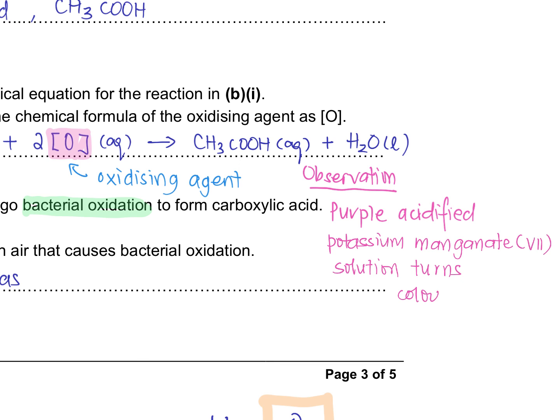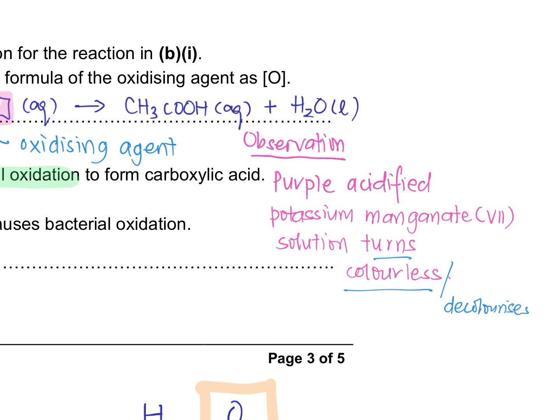If they ask you for observation, please remember to write it like that. Turn colorless can also be represented by the term decolorizes. The more important one is make sure you remember this color. If you don't write this color, whatever else you say, you get 0. The original color for potassium manganate must always be stated.